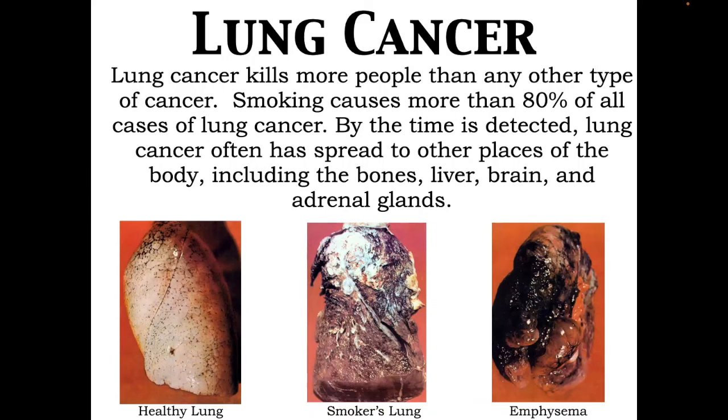And now we have lung cancer, which one of the leading causes of lung cancer is smoking. Okay, about 80% of all cases is because of smoking. This can spread to the bones, the liver, the brain, and the adrenal glands, which are above the kidneys. You can see the healthy lung, the smoker's lung, and the emphysemal lung.